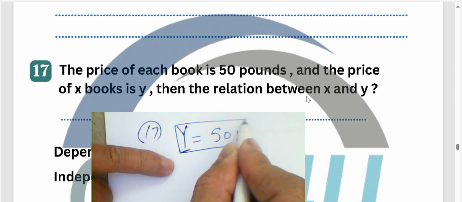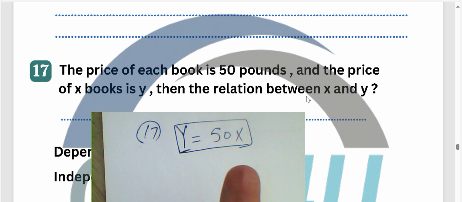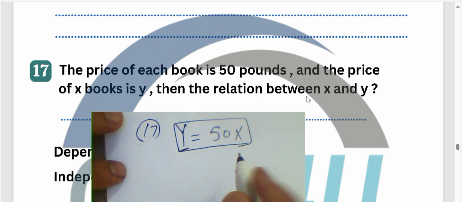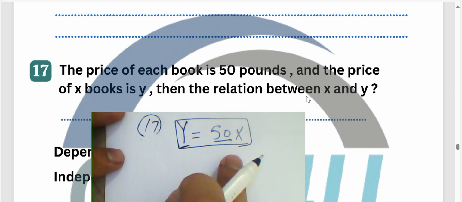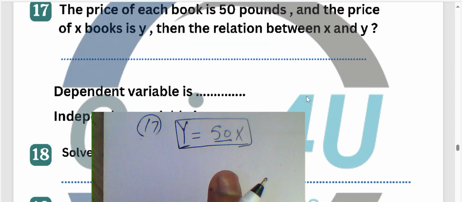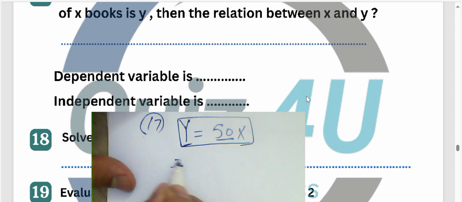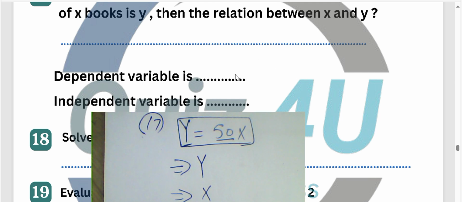Okay, the price of X books, the number of books X. Then Y equal 50X. Here 50 is the price of each one and X is the number of books. Dependent variable, in this example, dependent, what will it be? The dependent here will be Y, and the independent will be X. Right here, Y, and here X. Dependent and independent.